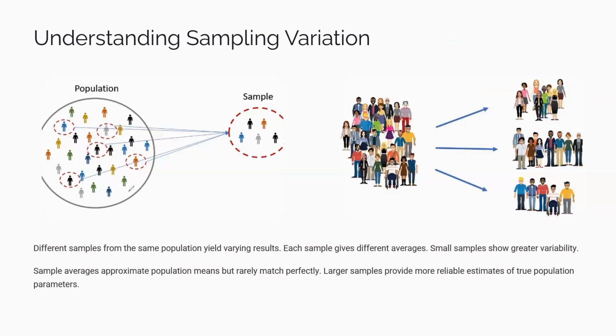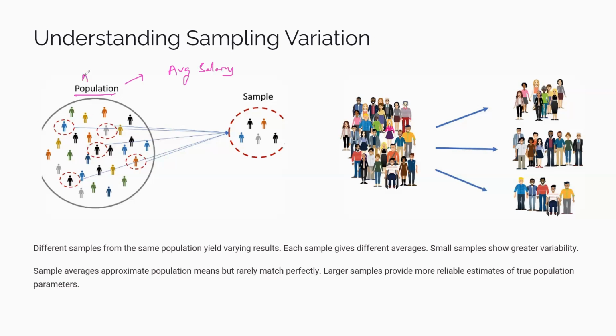Okay, now let me give you an example. Let's say what you're seeing is a bunch of people, right? This is my population. Now let's say I want you to identify the average salary of people in this area.